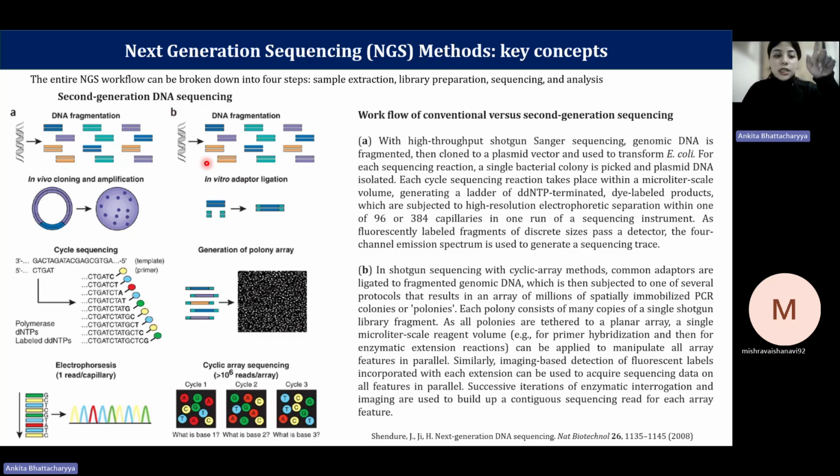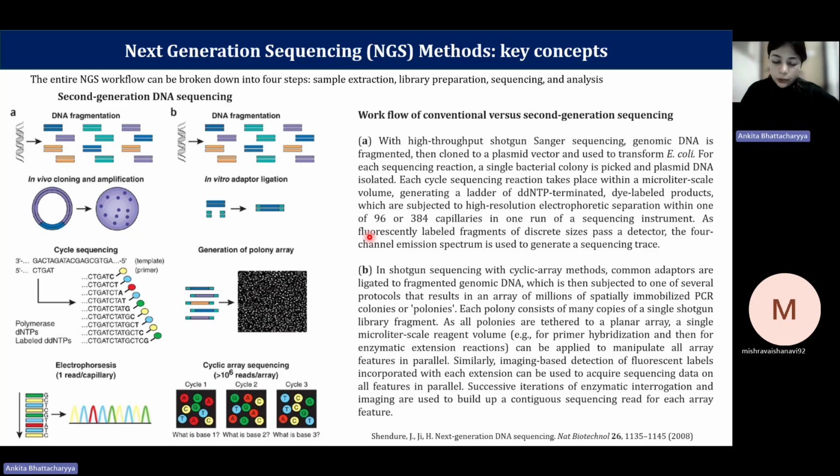In comparison, when we talk about second generation sequencing, which is based on cyclic array methods, every time a base keeps on getting incorporated, you will be able to detect it using a fluorescence detector that will know that this base has gotten incorporated, because you have 4 different fluorophores for 4 different bases. So it is an imaging based, more high throughput technique for shotgun sequencing.